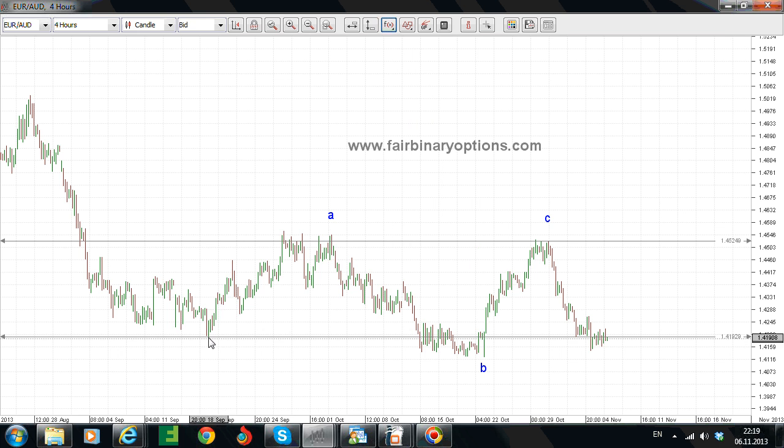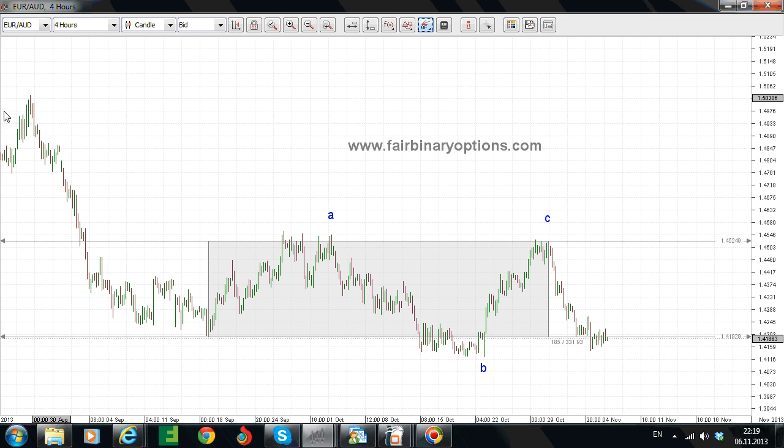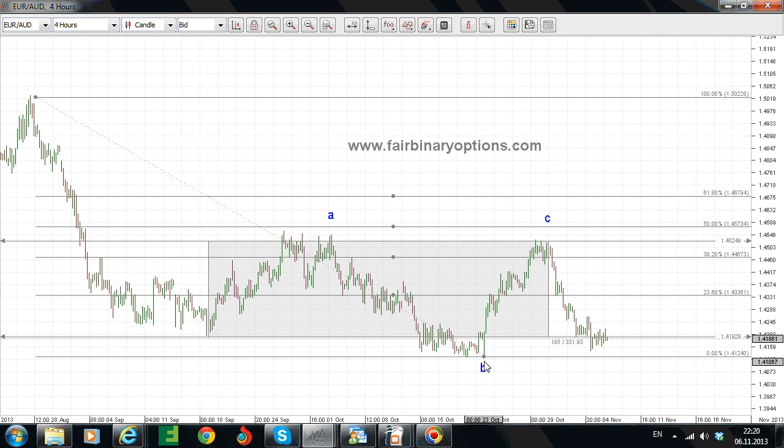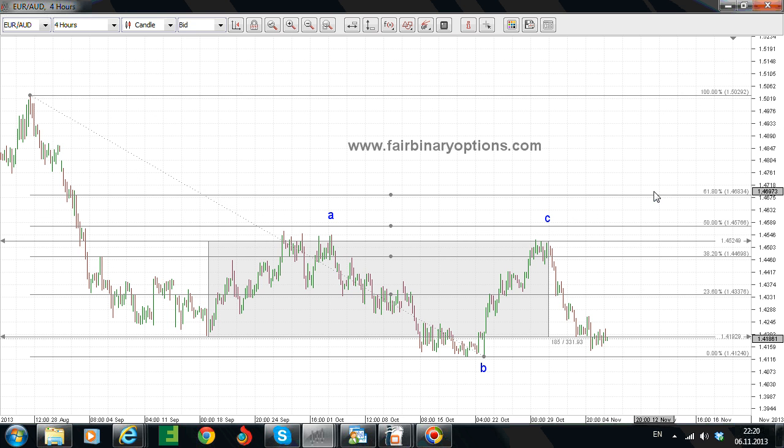If you take a Fibonacci retracement from the highs here to the lows here, you are seeing that actually the retracement is lower than 61.8% Fibonacci expansion, and that means that we are looking at a zigzag, sorry, not a flat. The flat should be bigger than 61.8.